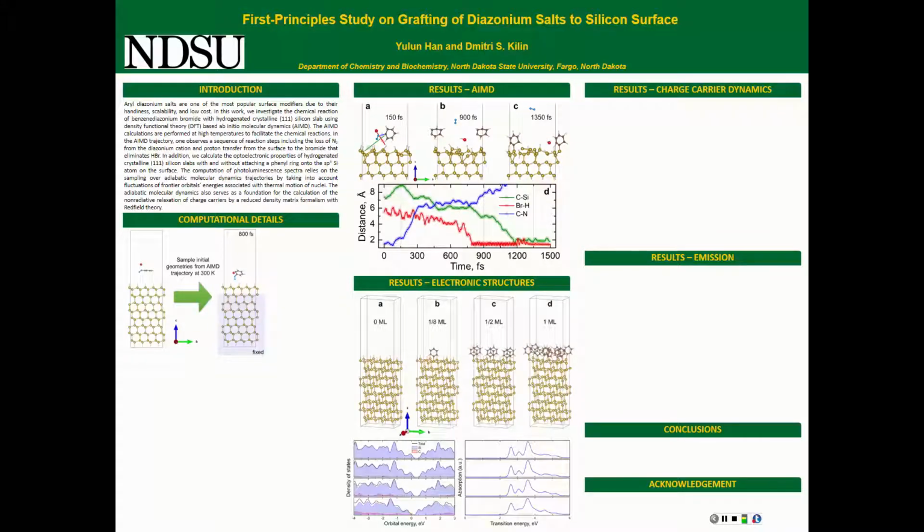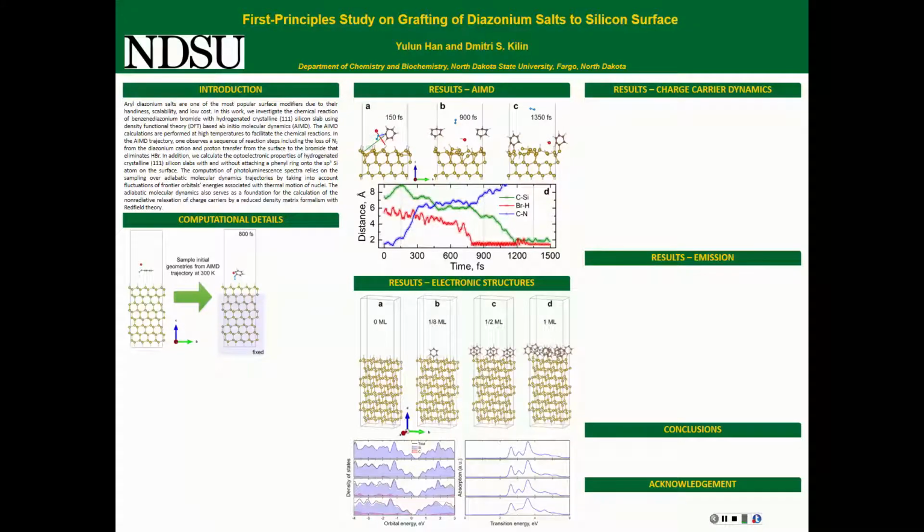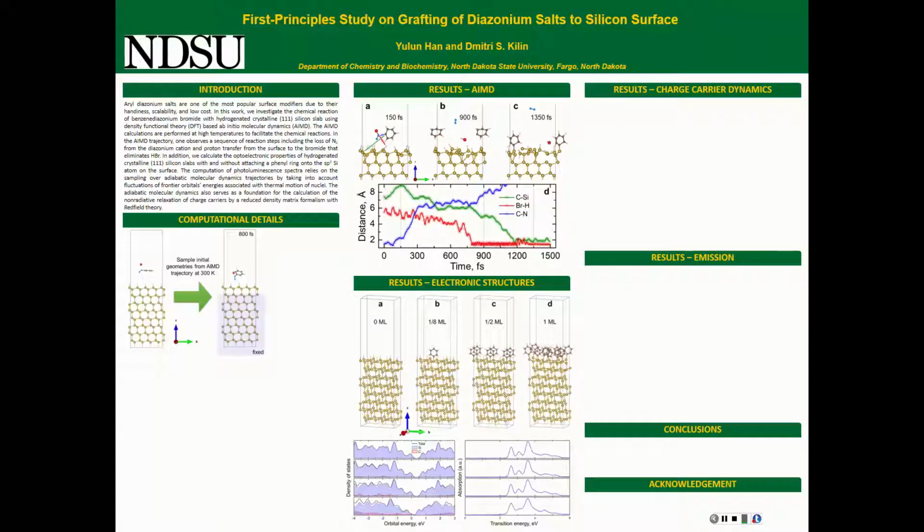Here is my result for ab initio molecular dynamics. The blue means the distance between carbon and silicon. Red means the distance between bromine and hydrogen. Green is the distance between carbon and nitrogen. In the AIMD trajectory, first we observe the breaking of the carbon-nitrogen bond.